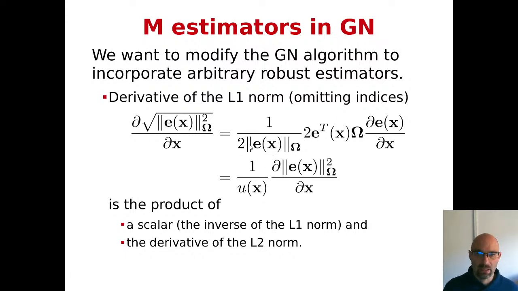By renaming the L1 norm of e of x as u of x, to denote that it's a scalar, we can replace this term here, and we go from this floor to this floor.